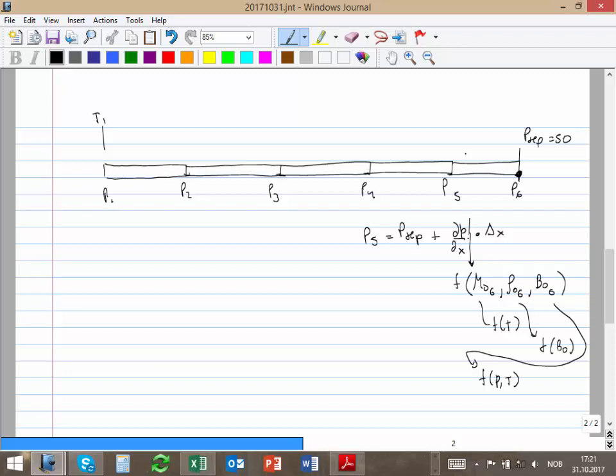But I will go back to it. So temperature calculations are like that, and pressure goes like that.